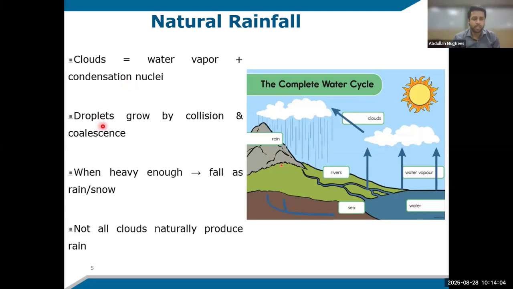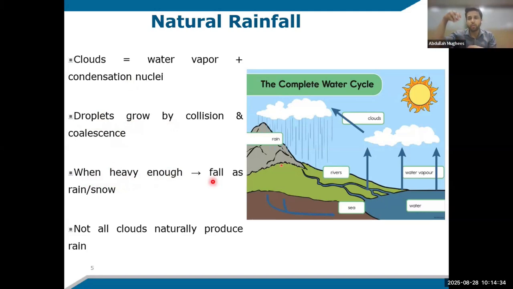So in natural rainfall, as I explained, droplets grow by collision and coalescence. And when those water droplets collide with each other, they combine and make a larger water droplet, which, when heavy enough, falls to the ground, and we call it rainfall. Okay, and depending on the temperature of the environment, it may snow or rain.